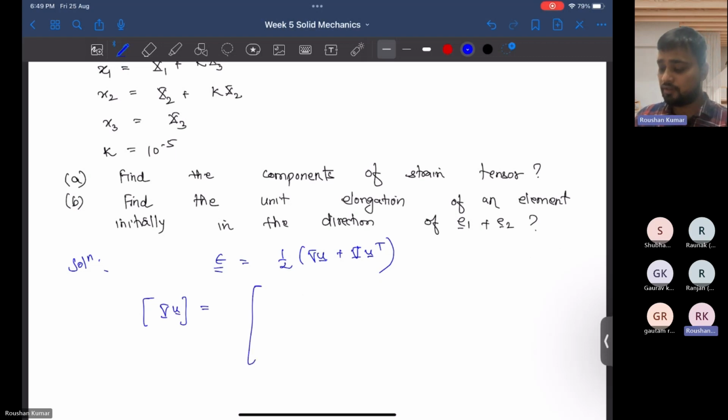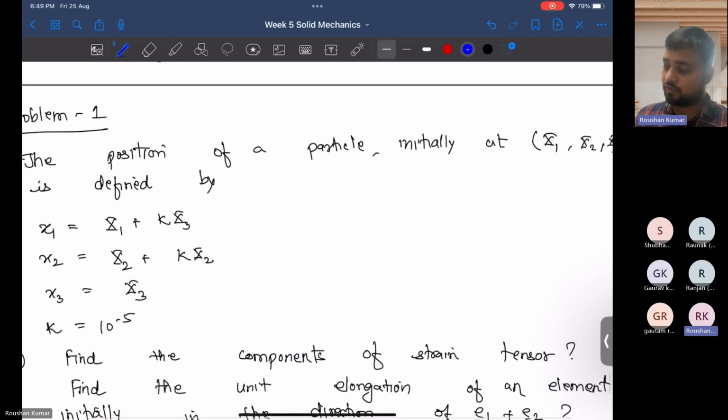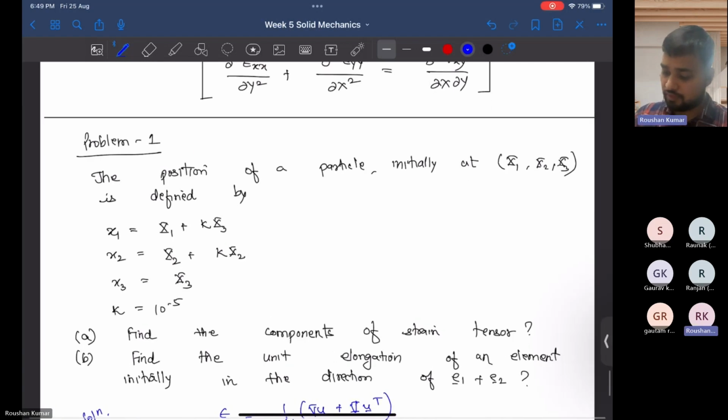The first component is del u1 over del x1. So we have to find the value of u. u1 is x1 minus X1, which is k x3. u2 is x2 minus X2, which is k x2, and u3 is 0.